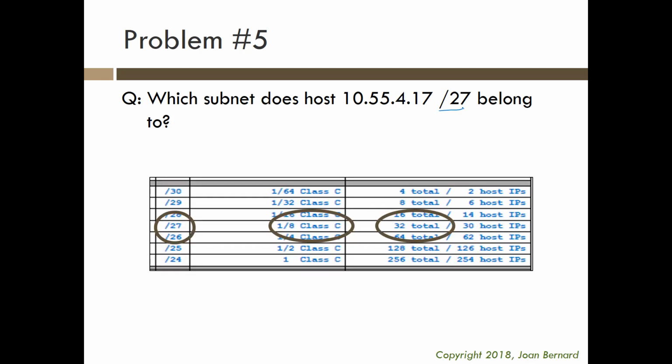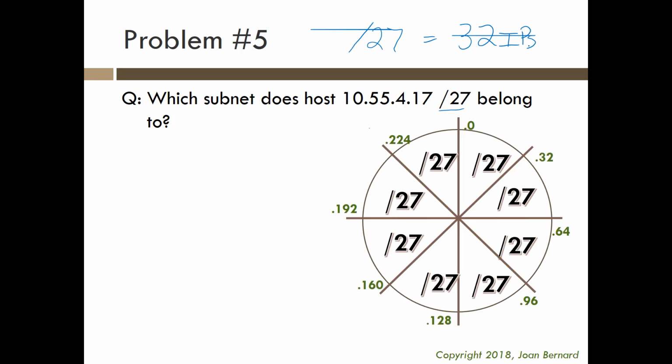Once again, take a look at this /27. Look at your cheat sheet. A /27 is an eighth of a class C. That means one class C is going to be divided into eight subnets, or eight slices, if you will, with a total of 32 IP addresses. Remember, a /27 has a total of 32 IPs.